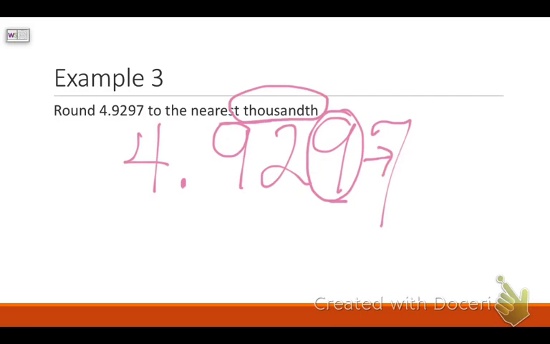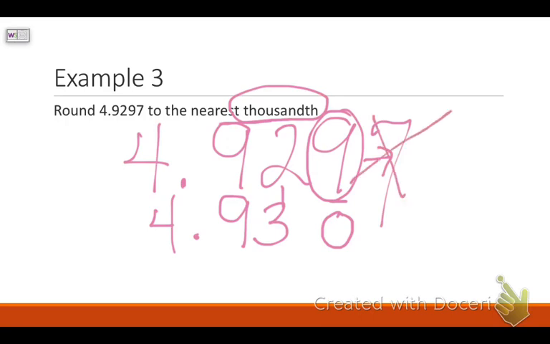We're going to add 1 to it, which makes it a 10. Well, you can have only 1 digit there, so you're going to keep the 0 there, and you're going to add 1 to this 2, which becomes a 3. Keep the 9, decimal point, and the 4. The 7 is no longer needed, so we cross it out. We've used it. This really is your answer right here.